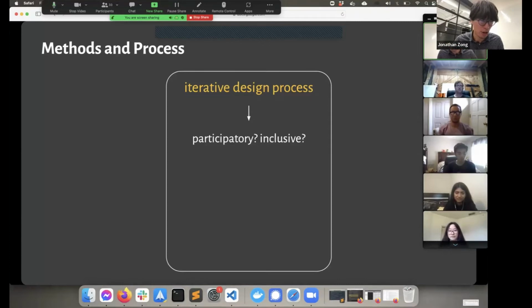And I'm sure y'all have talked about this a lot in this class, but terms like participatory and inclusive get used a lot, and they mean a lot of different things to different people, right? For us, at least, doing this work well and carefully meant really engaging with Daniel's expertise, not only his expertise scientifically, in human-computer interaction, but also his lived experience as someone who's blind and needs to work with data, right?